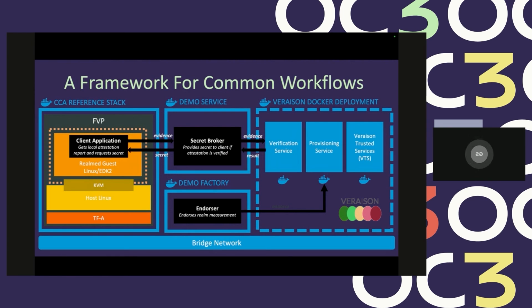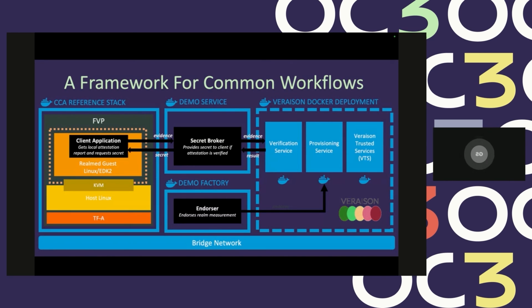The final piece of the framework emulates a factory provisioning step, which is a simplified model of the hardware and firmware supply chain. This will demonstrate how to create a standard description of a valid CCA platform, a process that's often referred to as endorsement. Veraison has a provisioning service that is capable of ingesting these endorsements, again, in standard data formats, and storing them in its database.